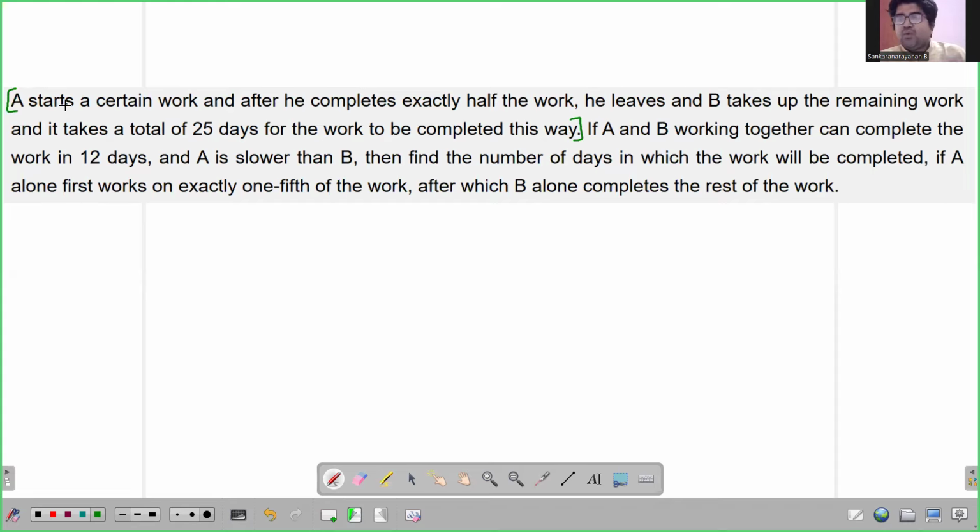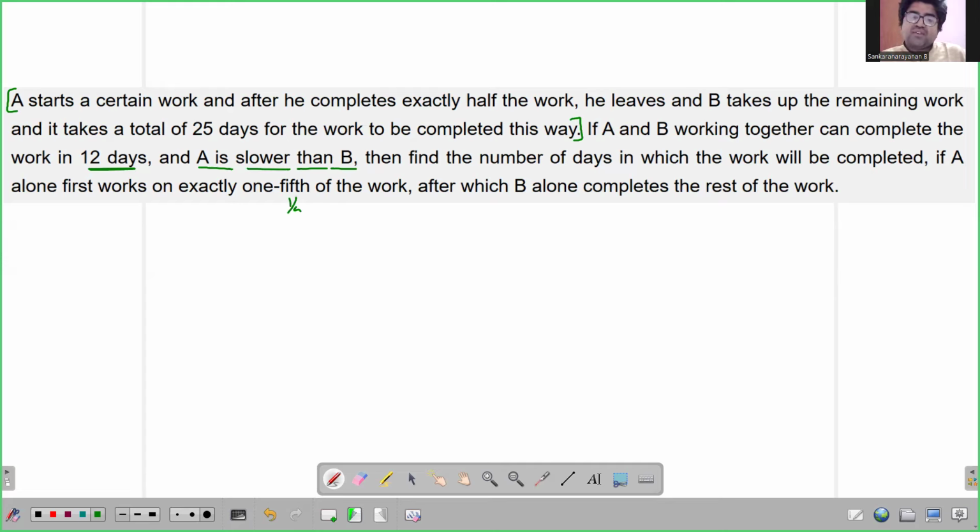Now, if A and B working together can complete the work in 12 days, it's also given that A is slower than B, which means A will take more number of days to complete the work in comparison with B. Find the number of days in which the work will be completed if A alone first works on exactly 1/5 of the work, after which B alone completes the rest of the work.